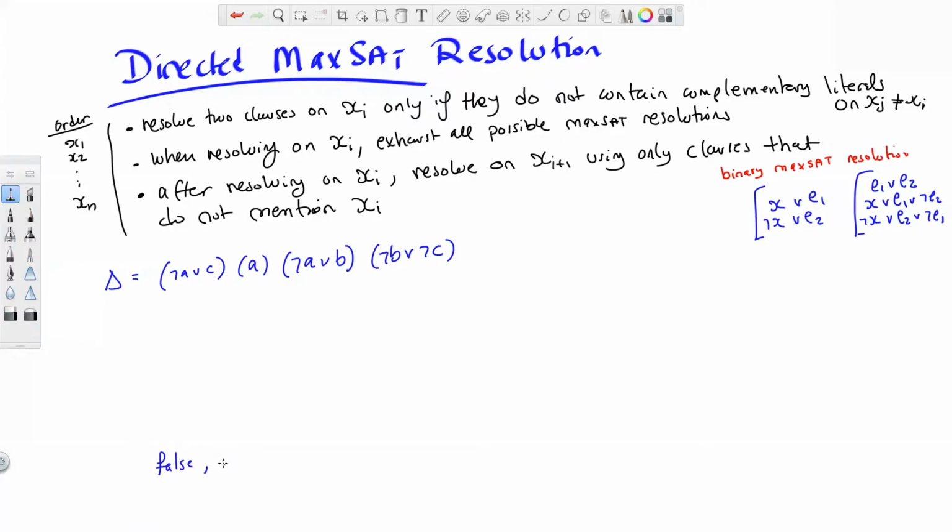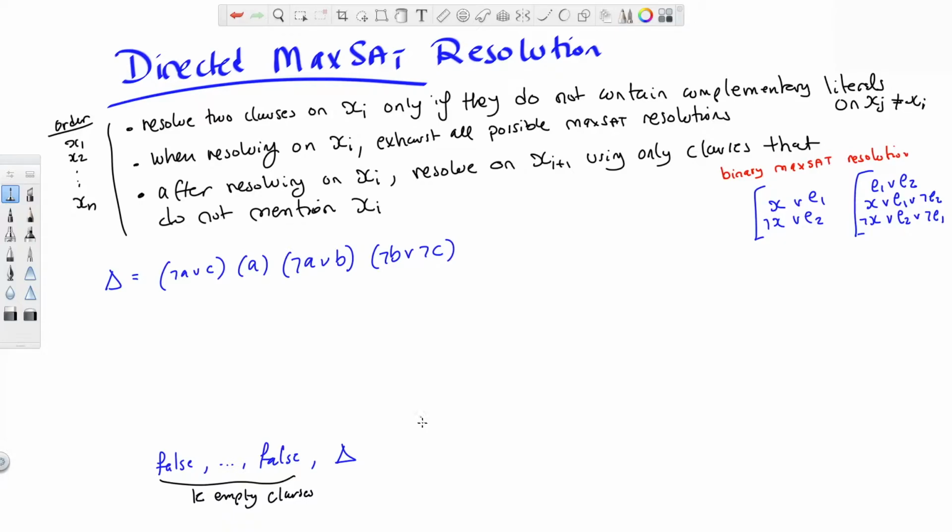Let me write these as false. And then you end up having the rest of the clauses, let's call them delta. And let's say that we have, in this case, k empty clauses. And let's say this is the situation when you're done, okay? You have derived k empty clauses, and this is the rest of the clauses that do not have an empty clause.